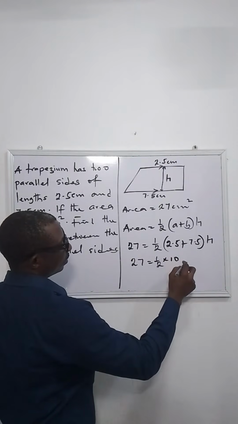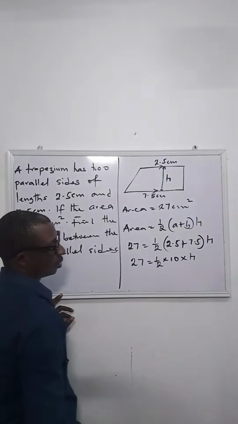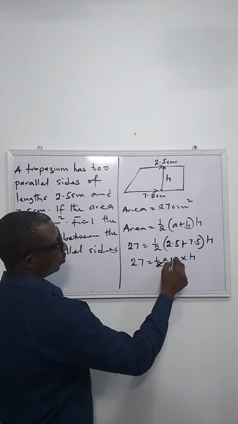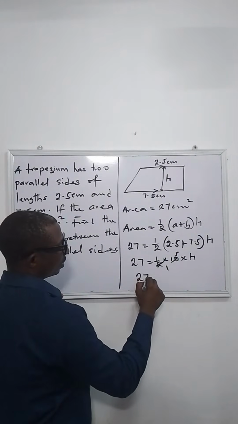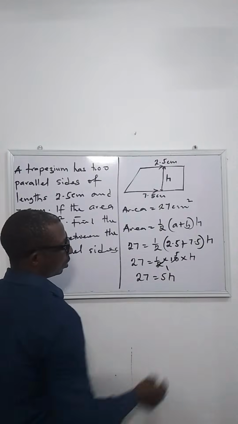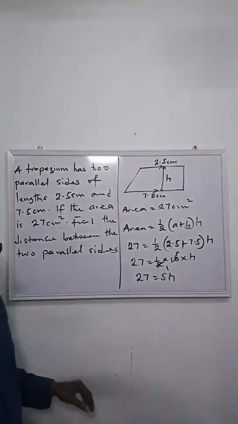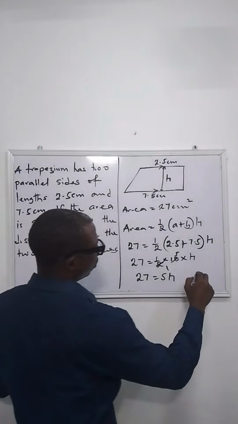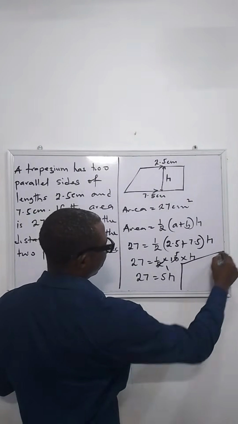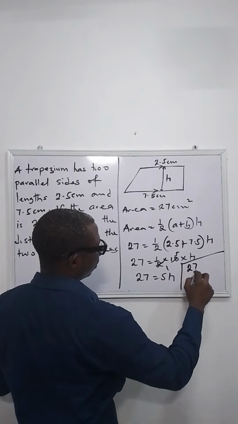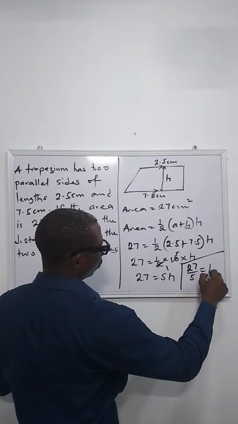So times 10 times H. All right, so 2 goes there, 1, 2 goes there, 5. So we have 27 equals to 5h. Okay, so here we can divide both sides by 5. So when you do that, we have 27 over 5 equals to h.